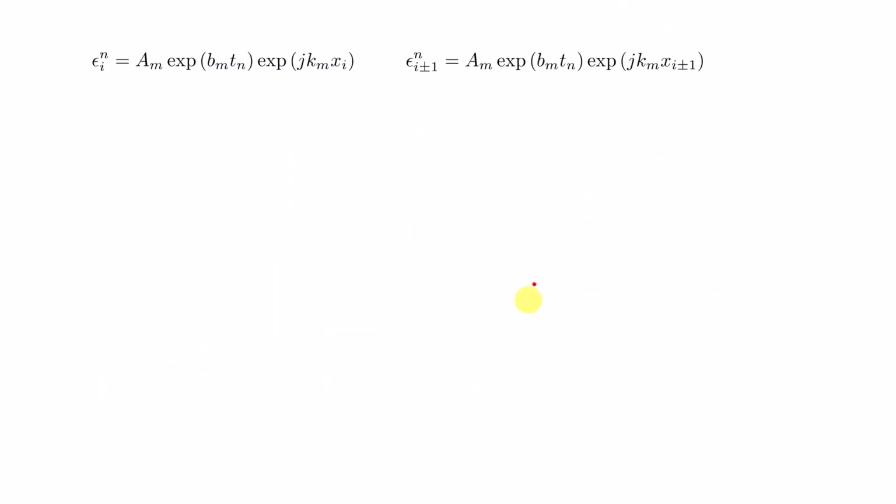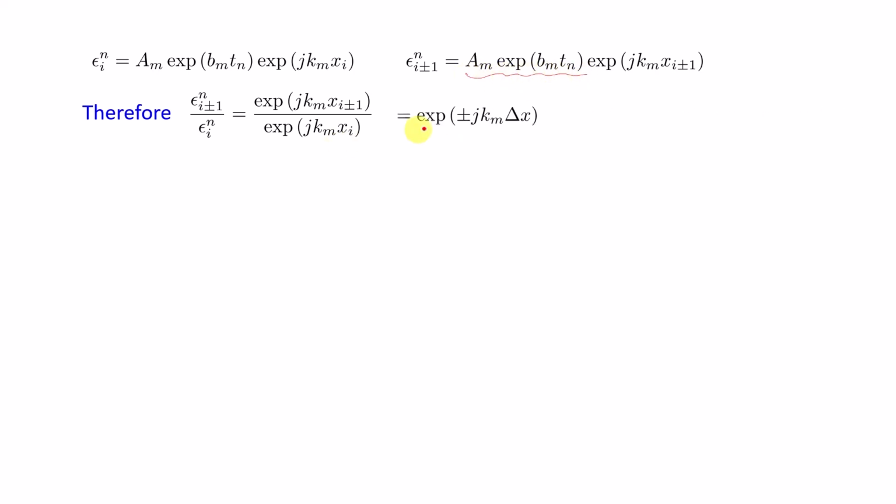Now, x_{i+1} and x_i, the difference between them is delta x, and we see that the ratio of epsilon_{i plus minus 1} divided by epsilon_i^n will be exponential jk x_{i plus minus 1} over exponential jk x_i, because these terms will cancel out.